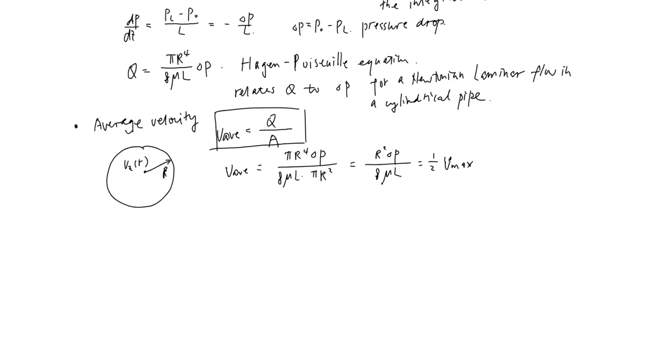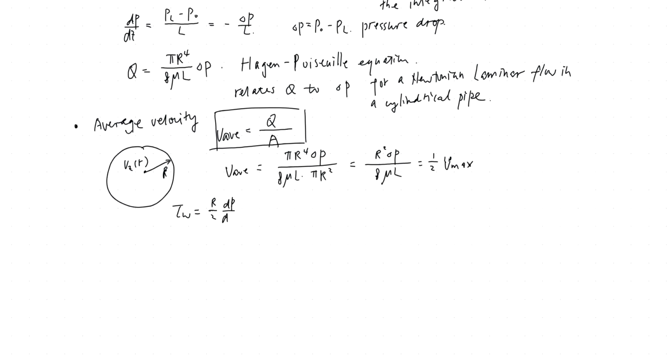Okay. Now, you can also calculate the wall shear stress in terms of V maximum or average or whatever. Since the wall shear stress, last time we discussed, is R divided by 2 dP/dz.